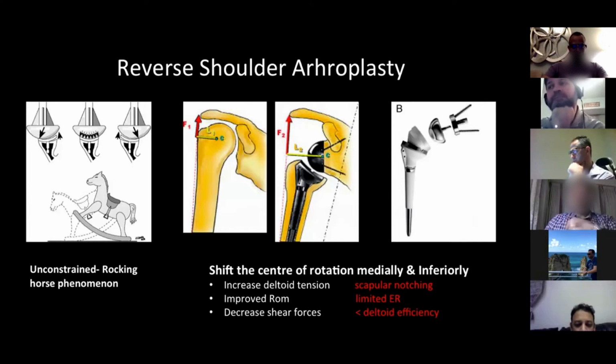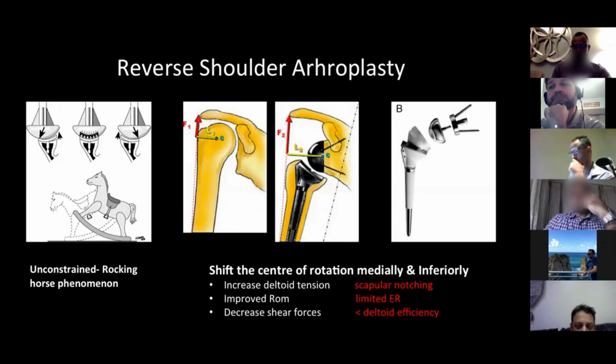There is loss of normal deltoid contour, leading not only to cosmetic concern but paradoxically decreased deltoid efficiency.